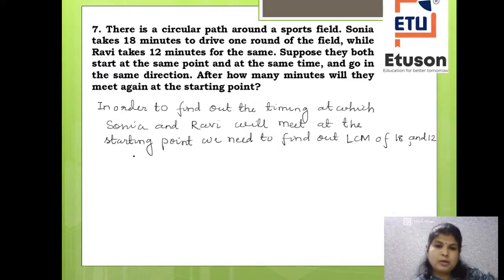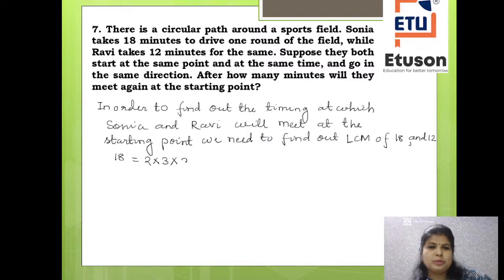So what is the LCM of 18 and 12? Now we will write 18 in terms of prime factors. 18 is equal to 6 into 3, 6 is equal to 2 into 3, so 2 into 3 into 3.